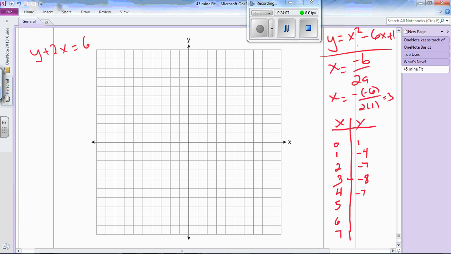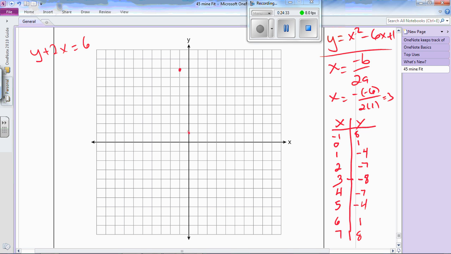Make sure to do that. 5: 25 minus 30 is negative 5, plus 1 is negative 4. Okay, guys, pretty crap there. Let's try 7 first. 7 squared is 49, minus 42 is 7, plus 1 is 8. So this will be 8. So negative 1, 8.